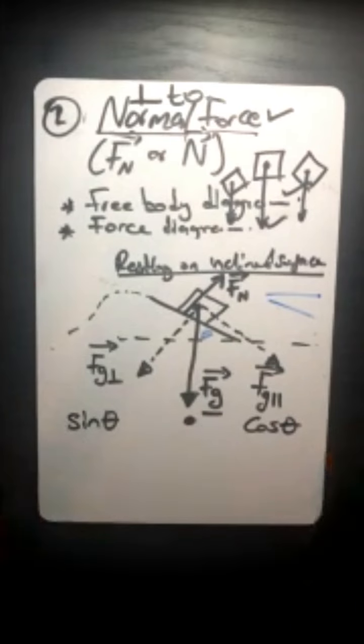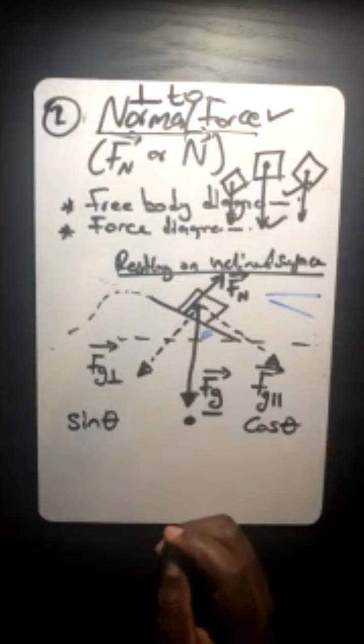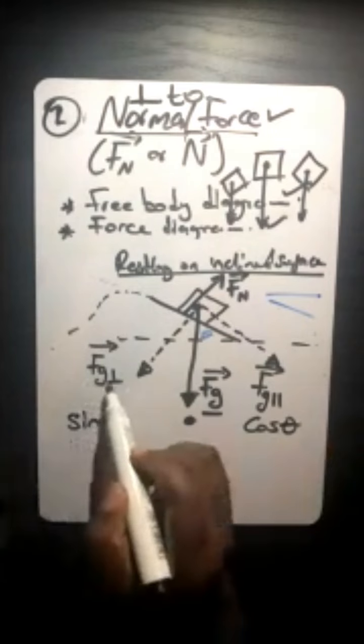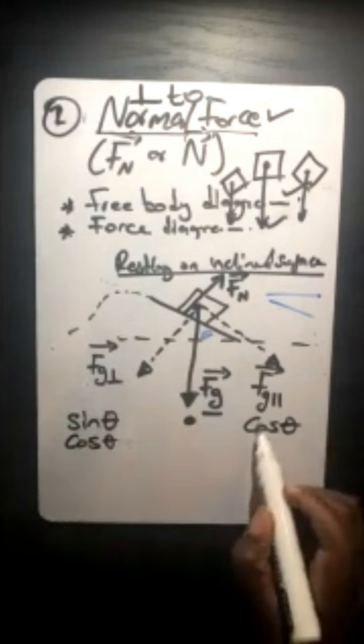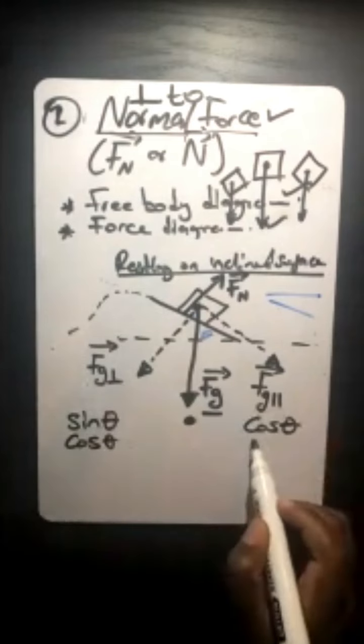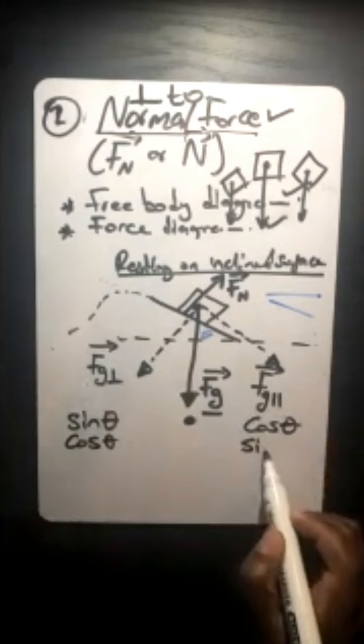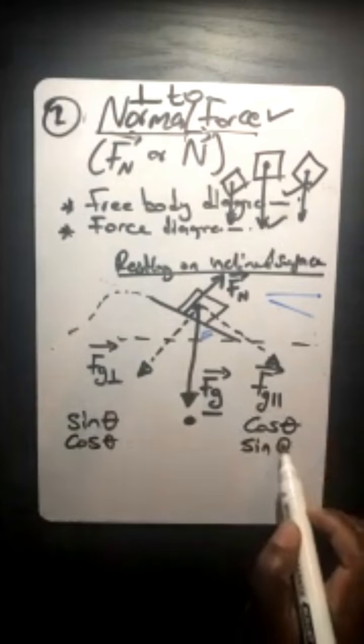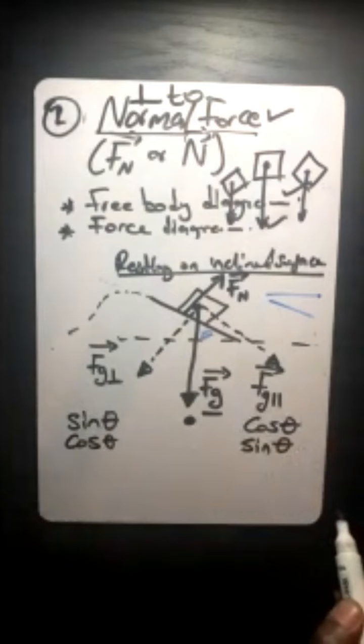So there are two things. It could be that FG perpendicular is the one which is cos theta, and it could be that it is the one which is sine theta.